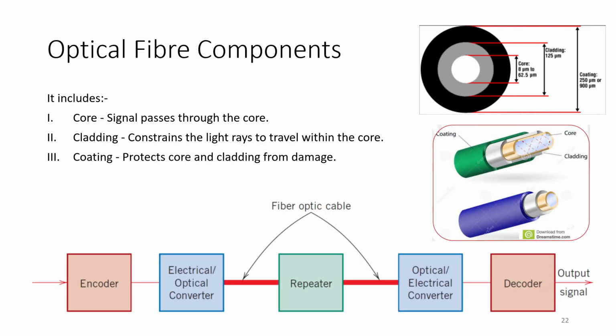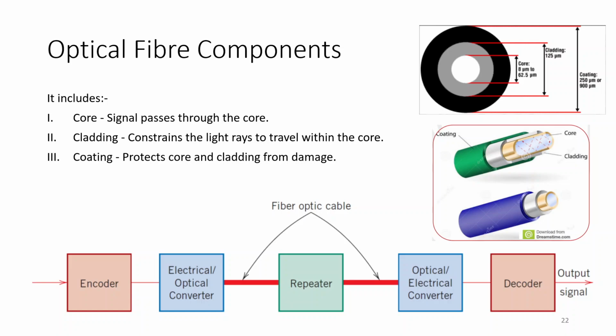Optical fiber components. Internally is the core, which is 8 to 62.5 micrometers, and then there is the cladding, whose diameter is 125 micrometers.